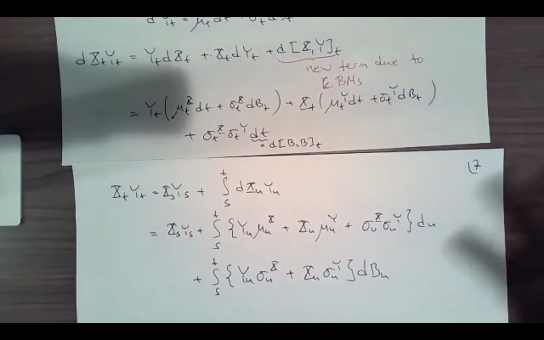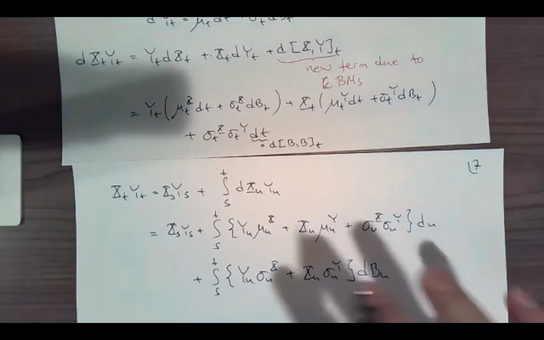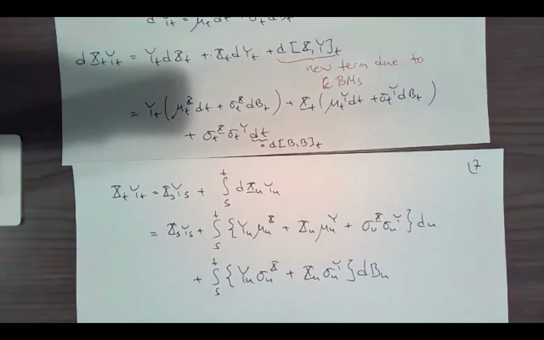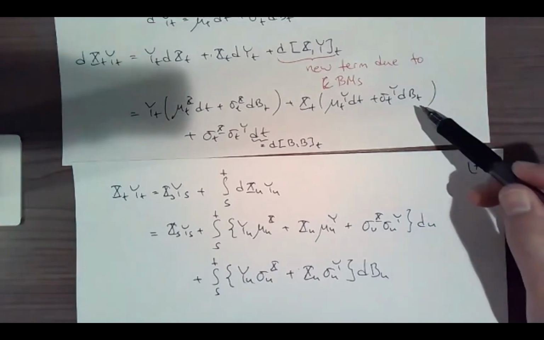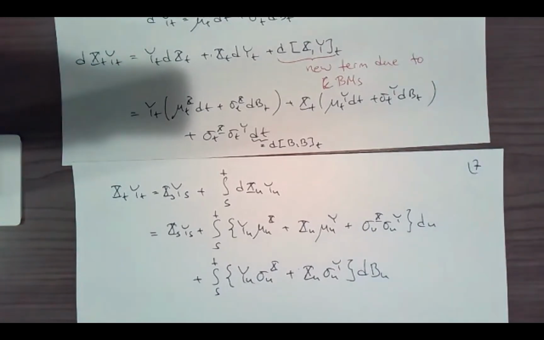You might have been used to this connection between integrals and derivatives, the fundamental theorem of calculus, which says that you take a derivative of an integral and you get the integrand, or if you can find an antiderivative. So this is out the window here. We don't have these things because there's a Brownian motion floating around, and a Brownian motion has no derivative at any given t. But I can integrate it.